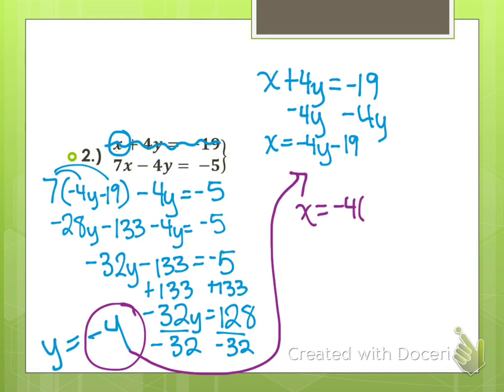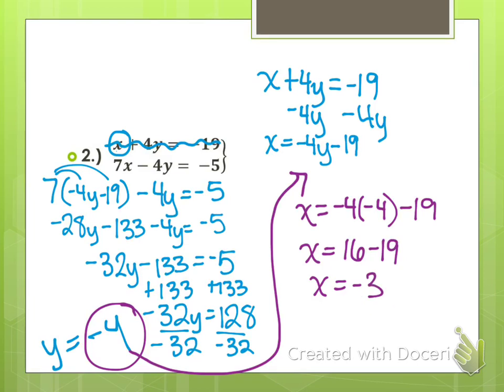X equals negative 4 times negative 4 minus 19. Negative 4 times negative 4. We're multiplying, so we get 16. 16 minus 19 is negative 3.